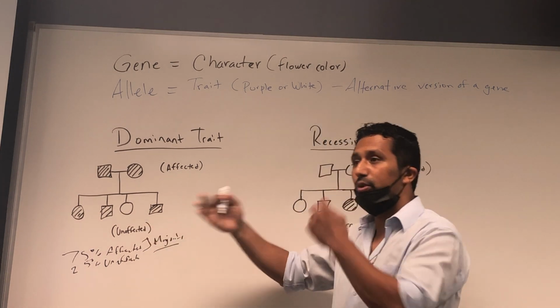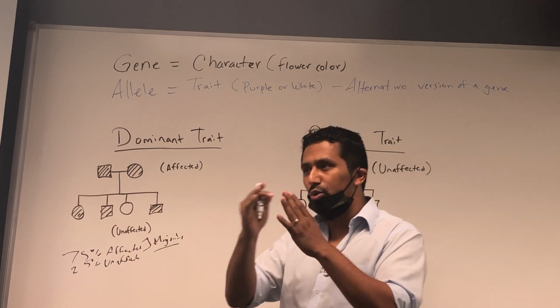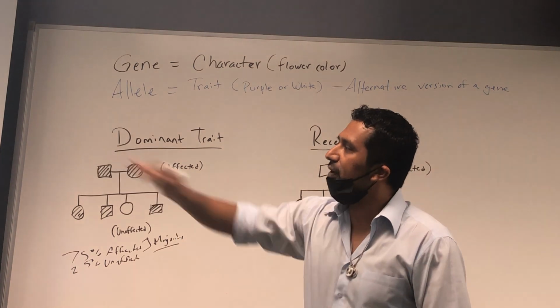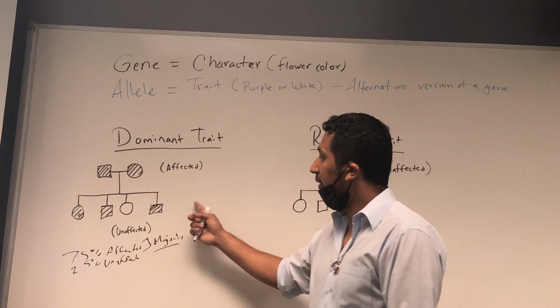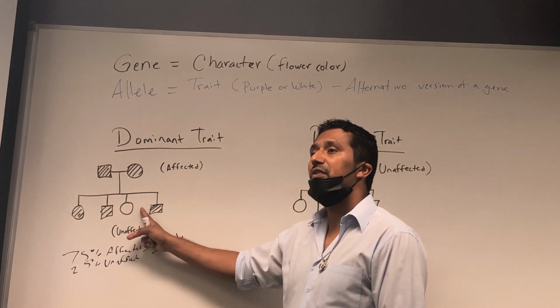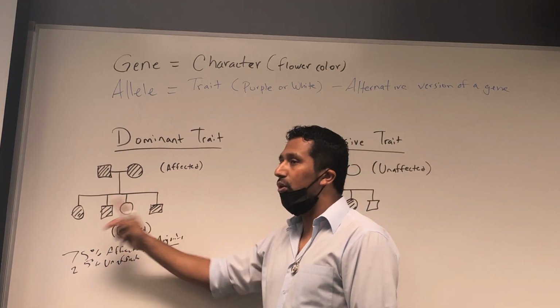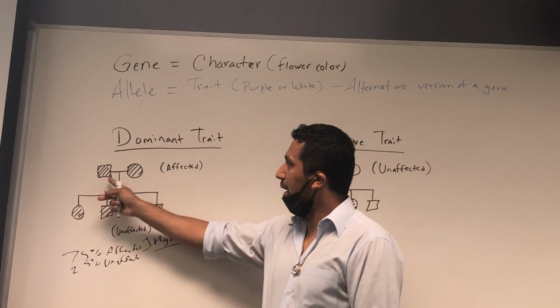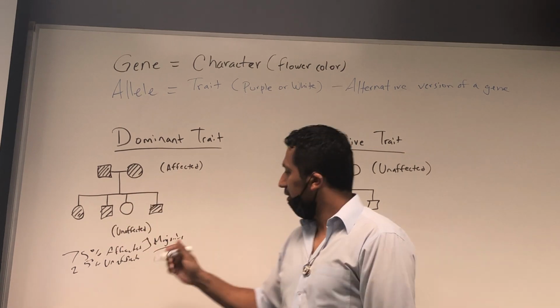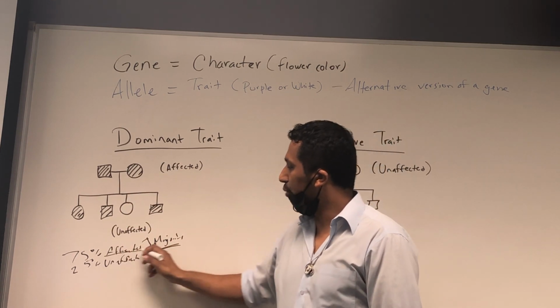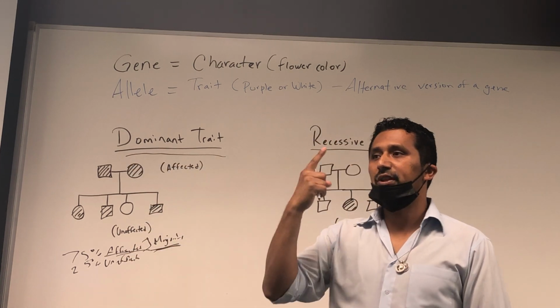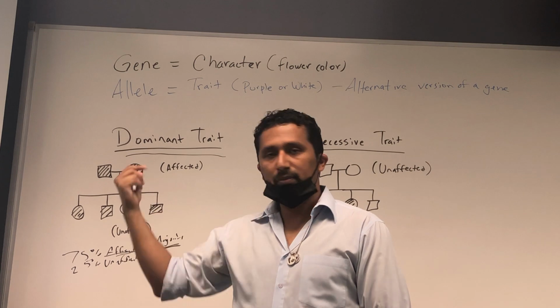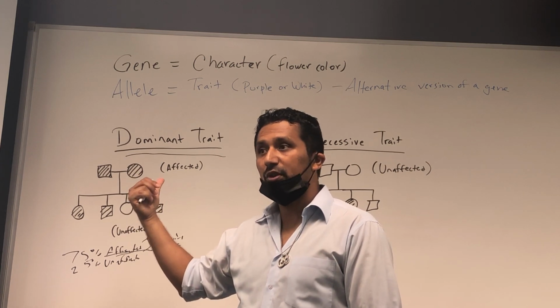It's not a 2 to 1 ratio, because in this case you only have 2 children, so it would be 50-50. But whenever you have this case, with one unaffected and the other children affected, and the parents are affected, the majority are affected. So whenever the majority are affected, it's a dominant trait, because it only takes one allele to be expressed and to have the trait.